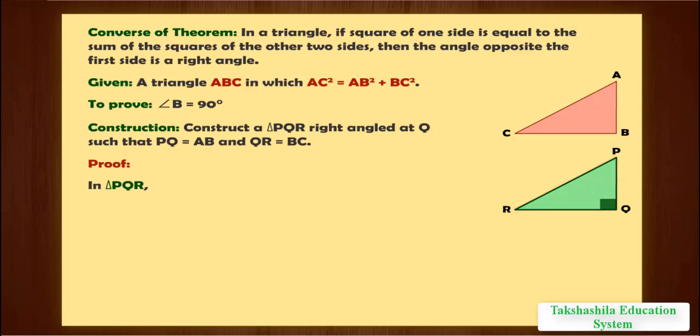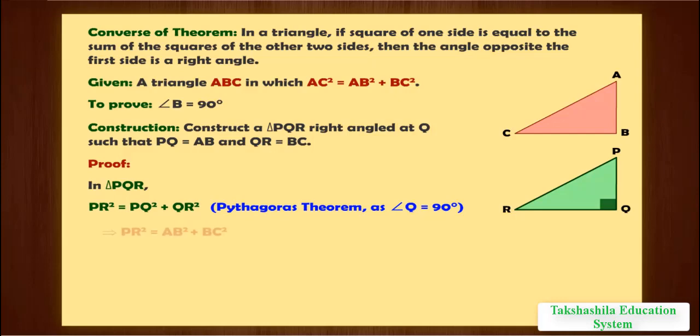In triangle PQR, as angle Q is of 90 degrees, so by Pythagoras theorem, PR square is equal to PQ square plus QR square. PR square is equal to AB square plus BC square, as by construction PQ is equal to AB and QR is equal to BC.